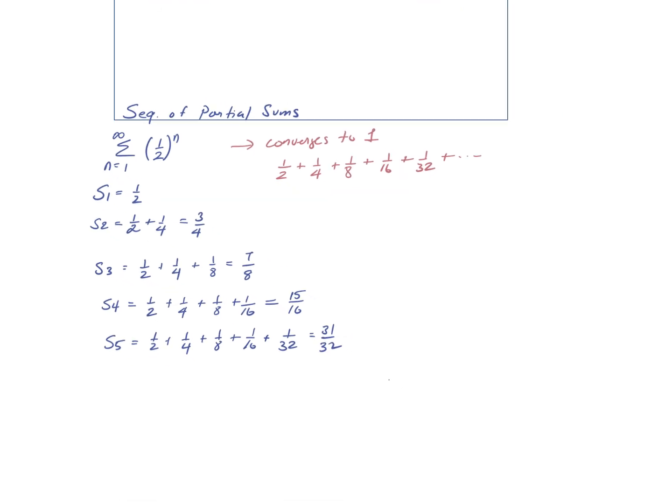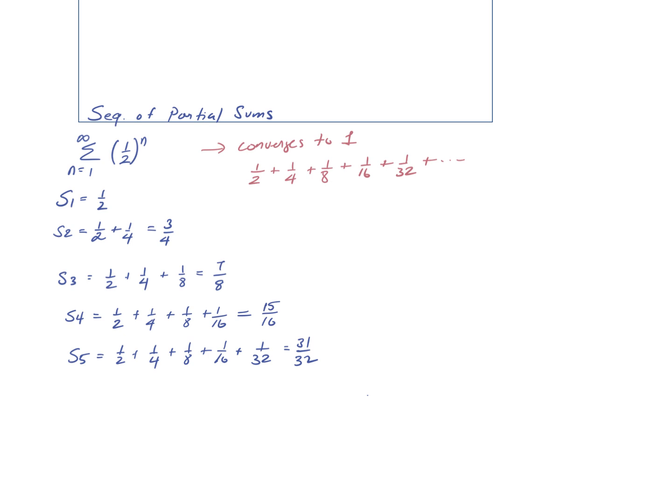So my goal is to create a sequence. My first term is 1/2. My second term is 3/4. My third term is 7/8. So this is S sub 1, S sub 2, S sub 3, S sub 4 is 15 over 16, S sub 5 is 31 over 32.